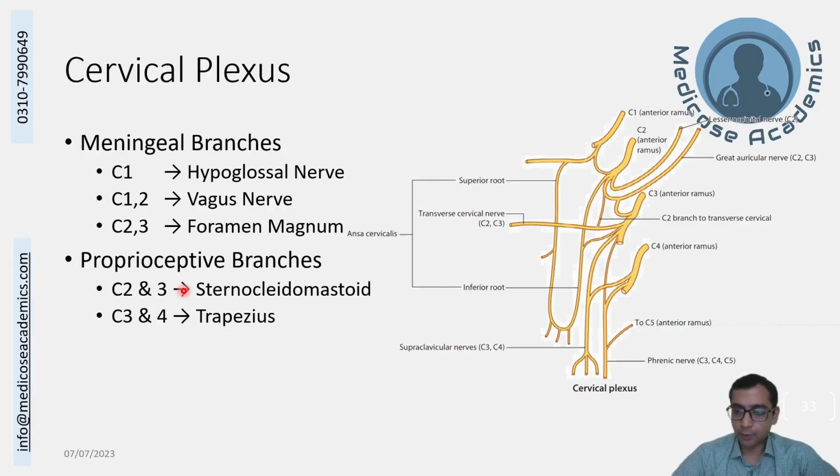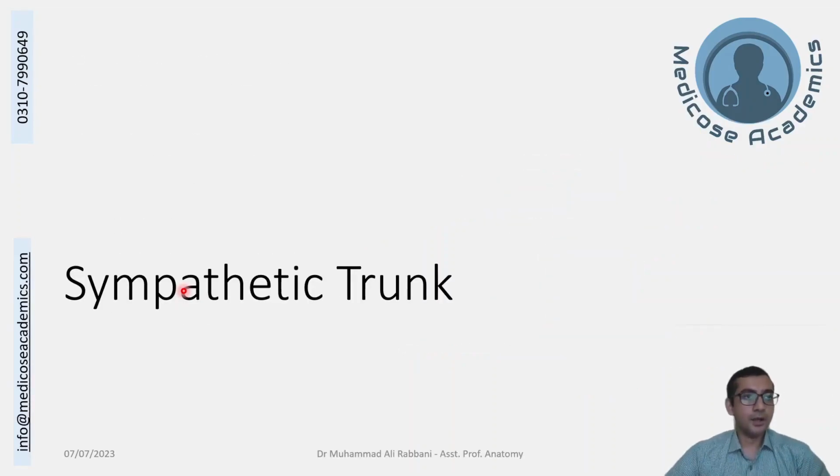They may have some motor fibers, because it has been noted that even after complete sectioning of the accessory nerve in some people, there may be some motor movement present here. So this is due to these proprioceptive branches. So this is about the cervical plexus.